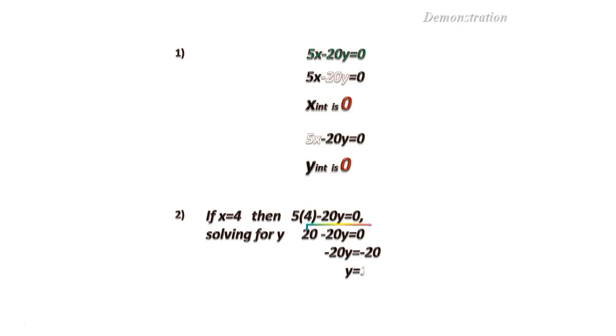And negative 20y equals negative 20, divided by negative 20 on both sides, so y is 1. As a result, I have one more point with coordinates 4 and 1. So now I can go back, and now I can graph a straight line, because practically I have 3 points.